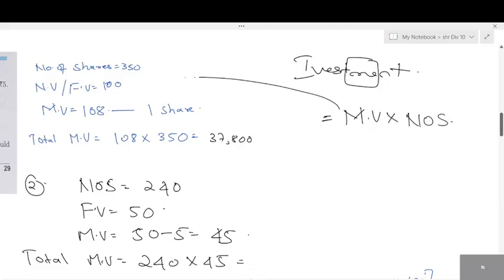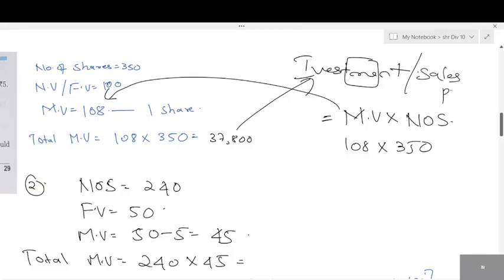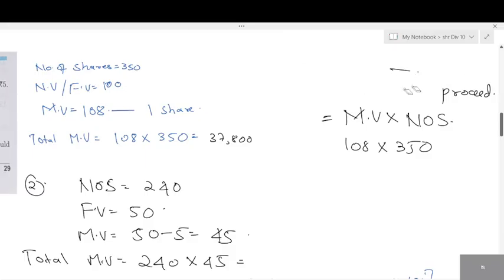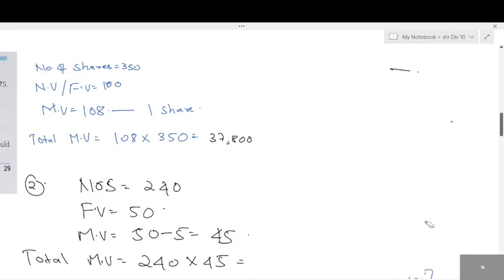Market value here is 108, number of shares is 350. You will still get the total market value. Total market value is nothing but investment. Investment is also known as sales proceeds. So remember these two important concepts: investment is calculated on market price, and dividend or annual income is calculated on face value, nominal value.